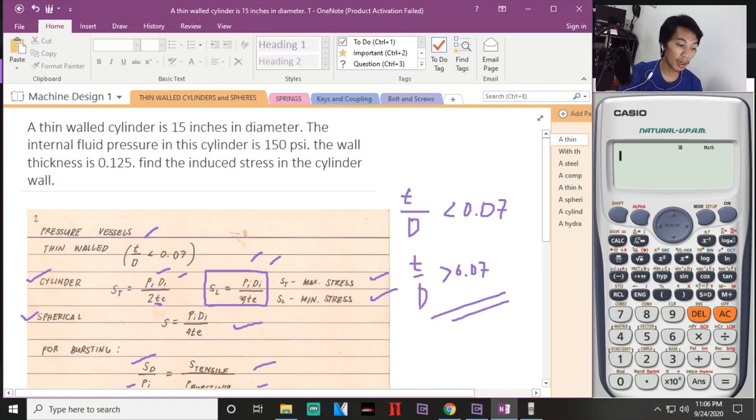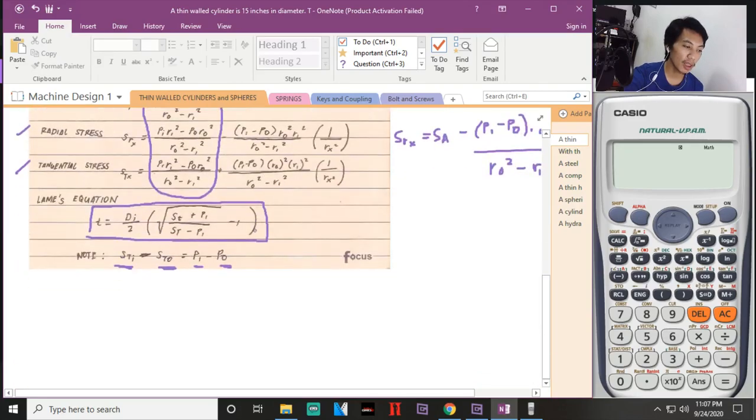Now, let's go to problem number 1. Okay? Para mas madali natin siya maintindihan, i-apply natin siya. So, number 1, a thin-walled kagad. Hindi mo na kagad i-check kung that is thick-walled or thin-walled kasi binigay na kagad. Thin-walled cylinder is 15 inches in diameter.